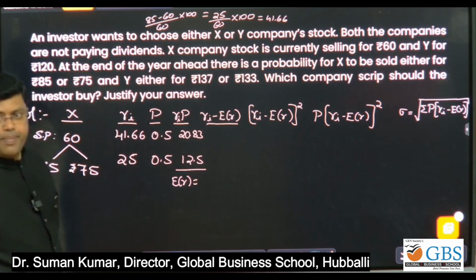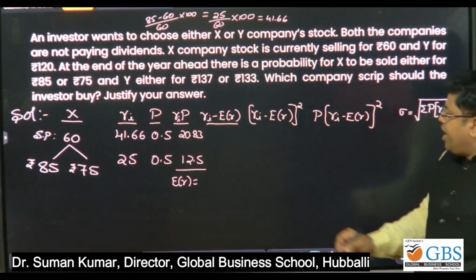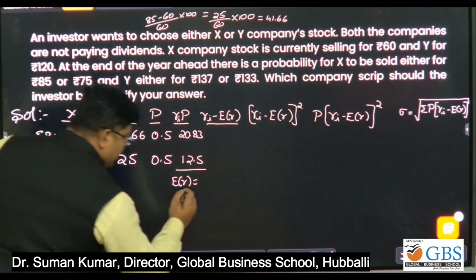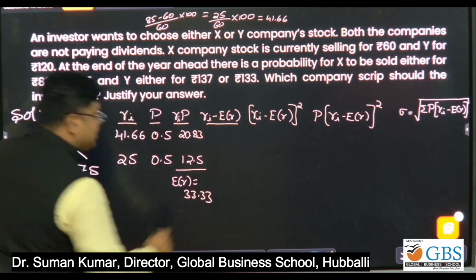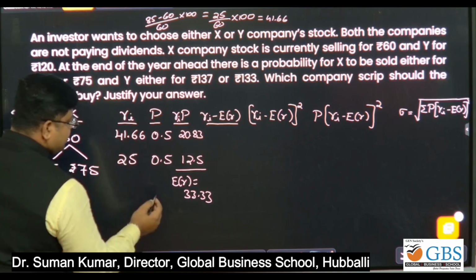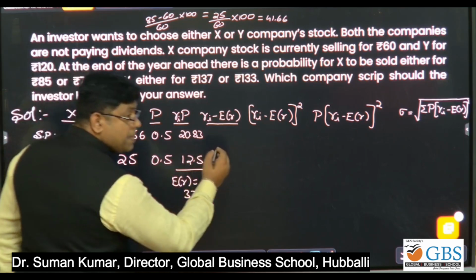Not a problem. Is it clear? Very good. So E of R is 33.33. What is this? That is 41.66 minus 33.33.